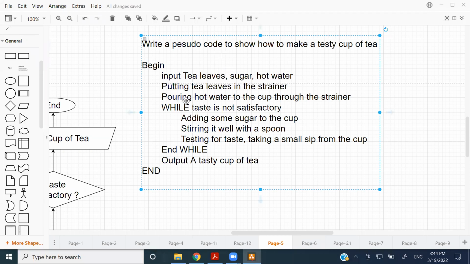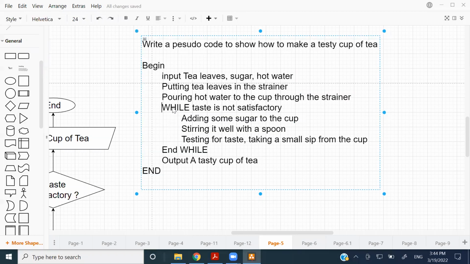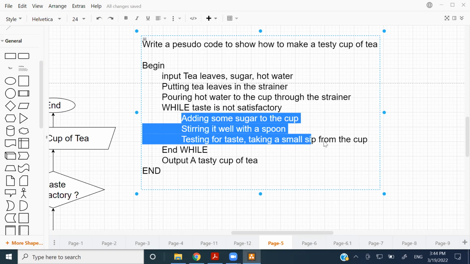You need to concentrate on these places and the condition. Be careful with the condition, because here in the while, if this is true, these things are going to happen. When it is a repeat until, the condition should be false for these things to happen.